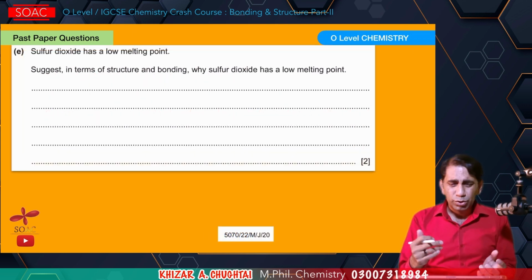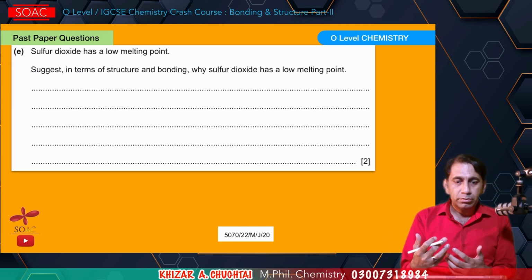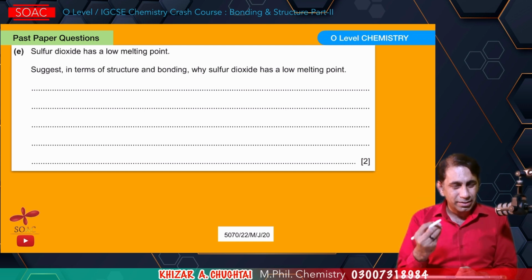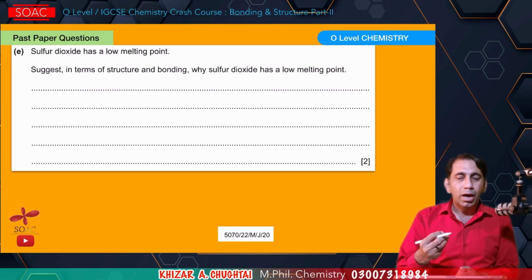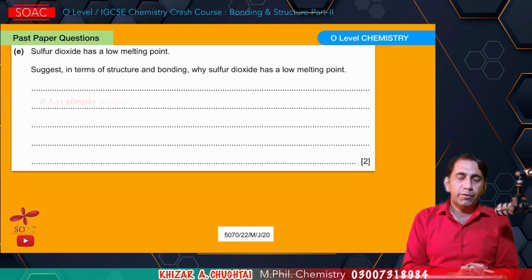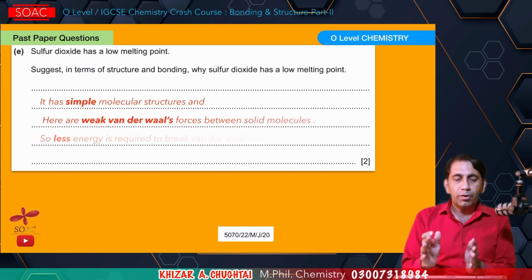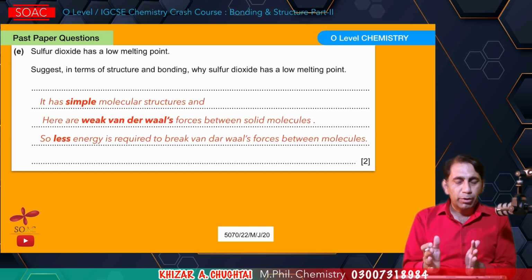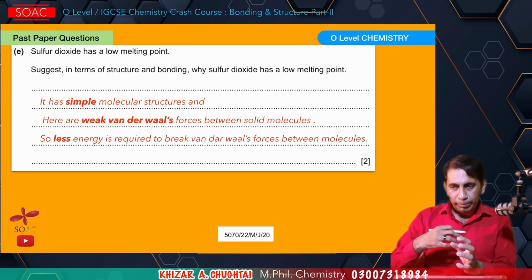Sulfur dioxide, SO2, is a gas you are familiar with. SO2 has a low melting point. Once again, SO2 is a simple covalent molecule with a simple molecular structure, and weak van der Waals forces, or weak intermolecular forces, are present between SO2 molecules.